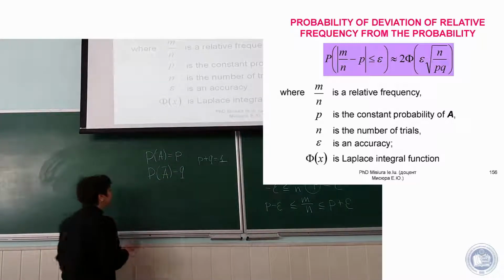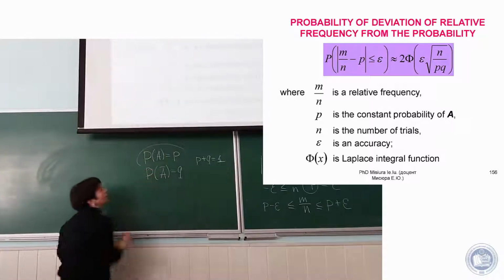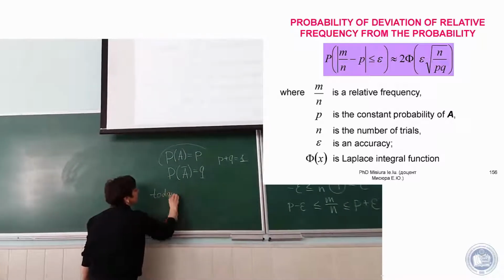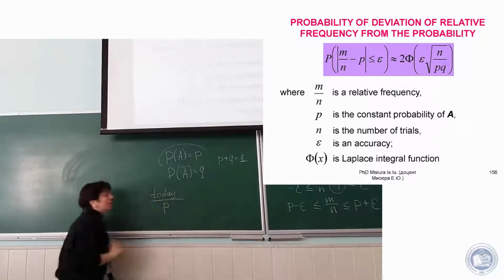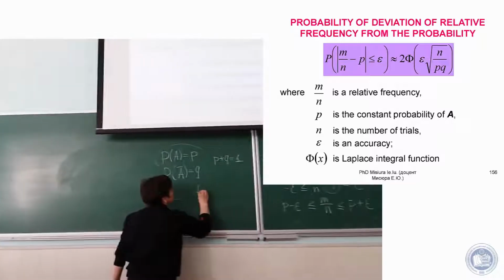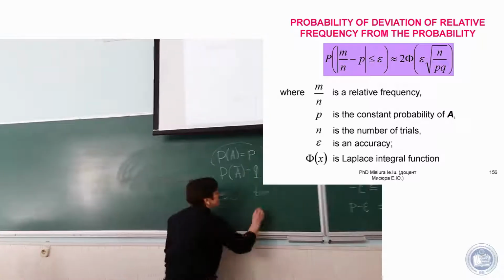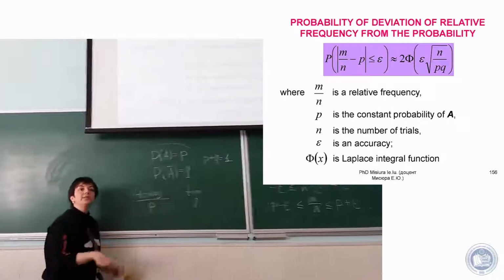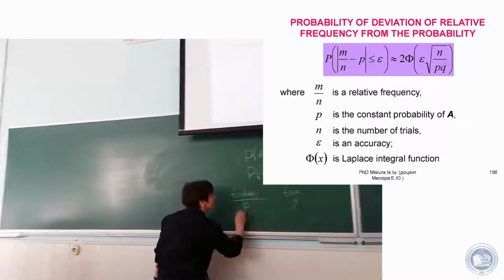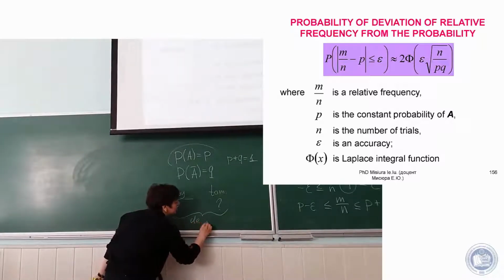For example, if you know this probability, if you take today it will be p. If you take tomorrow, it means this probability is unknown. It's maybe p or not. We have deviation, то есть у нас есть некоторое отклонение.